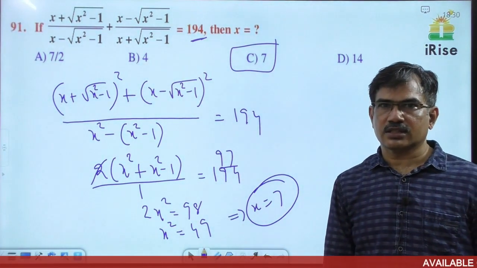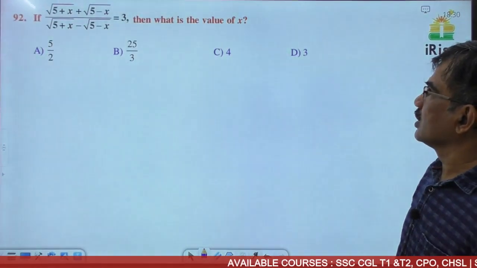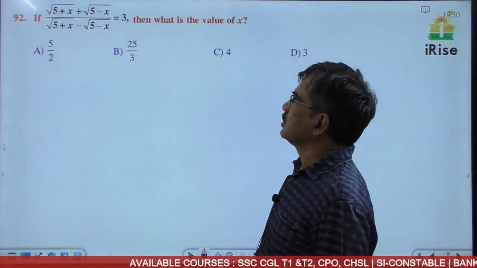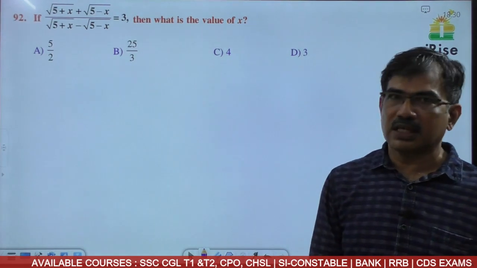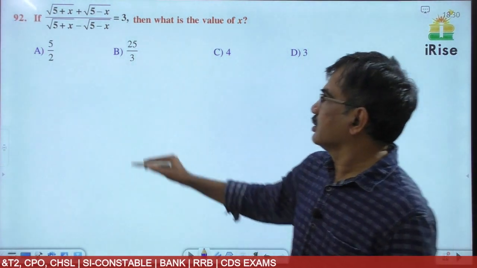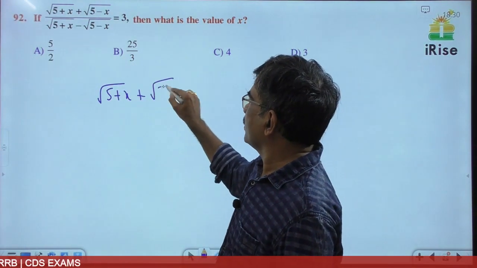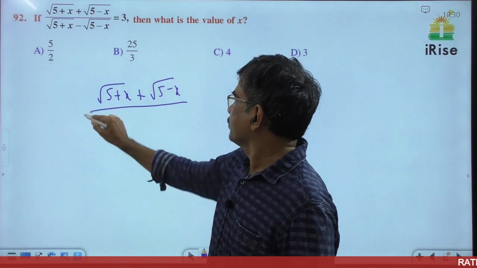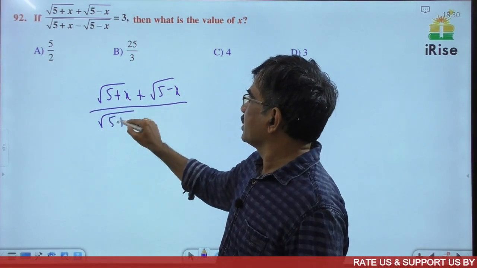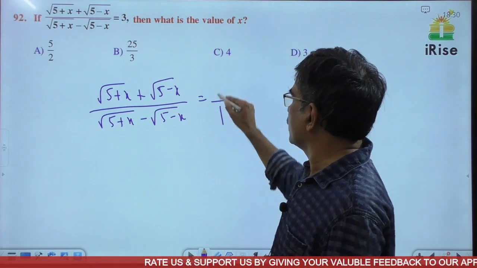Okay, next. This is also the same model. Same model means not a previous one, a previous question. Root of 5 plus x plus root of 5 minus x by root of 5 plus x minus root of 5 minus x is equal to 3. I want to write it as 3 by 1.